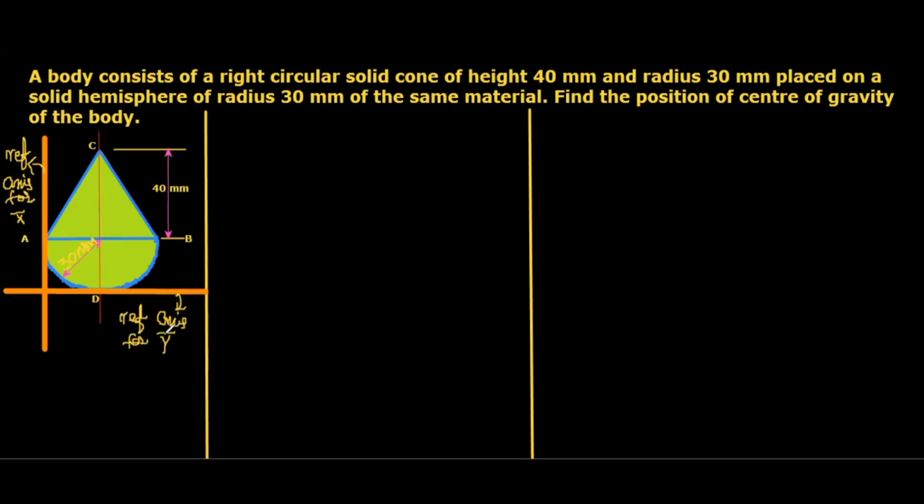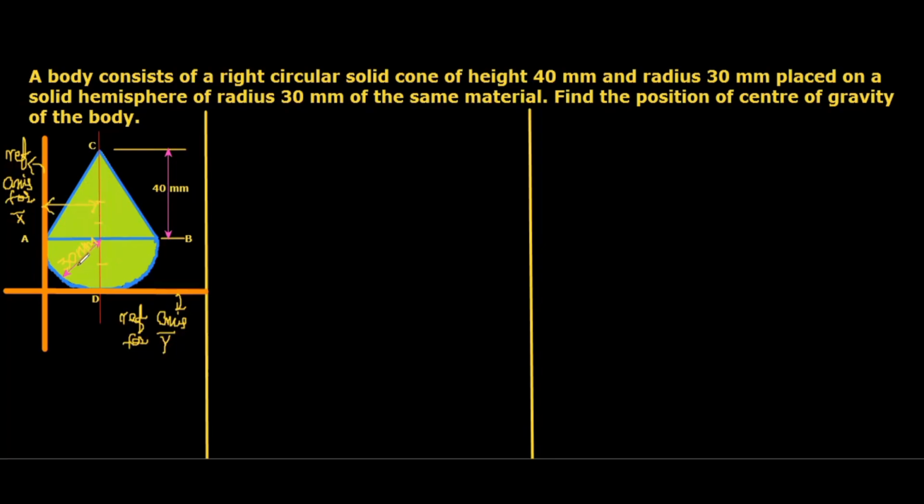Here you can see, since it is symmetric about the vertical axis, the center of gravity of the body lies anywhere on the vertical axis. So the distance of the center of gravity from the reference axis for x bar, the leftmost line, to the CG of the entire body will be equal to the radius, 30 mm.